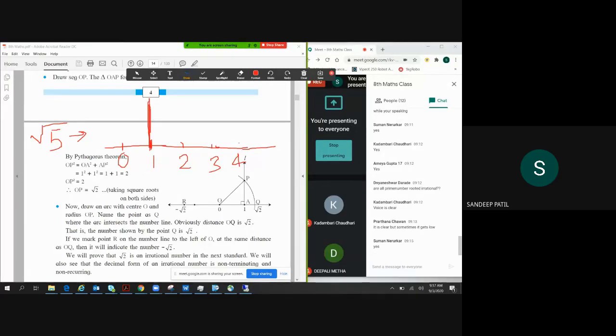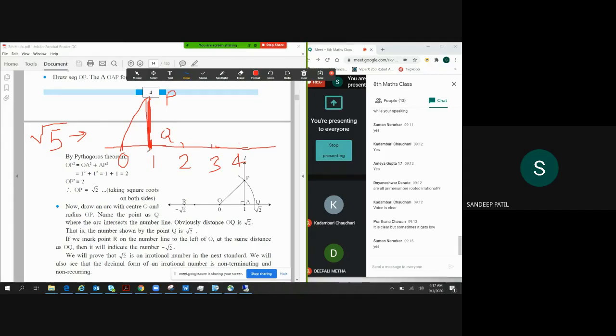What you have to tell me in the chat box is, what is the length of this line? This I will mention as PQ. What we have to show is root 5. So what should be the length of PQ? Can you write in the chat box?